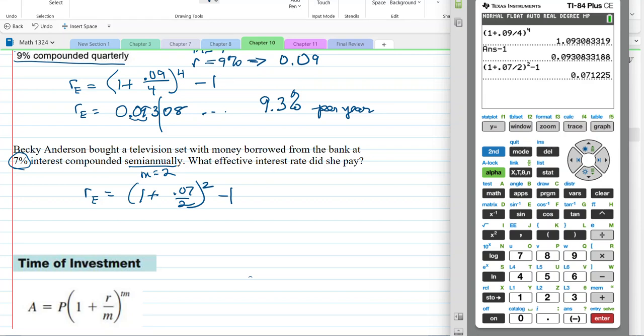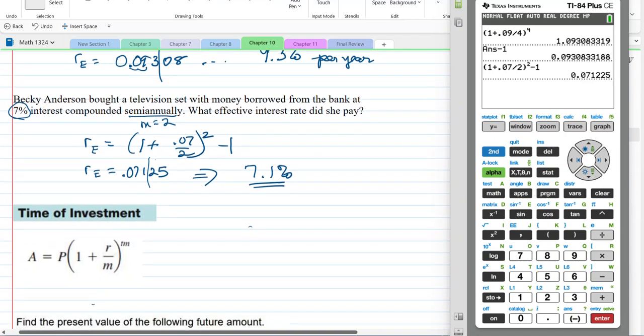All right, and we have 0.07125. So we could make it a percent for 3 decimals of 7.1%. That's not a bad deal. She's paying a little bit more than 7%.